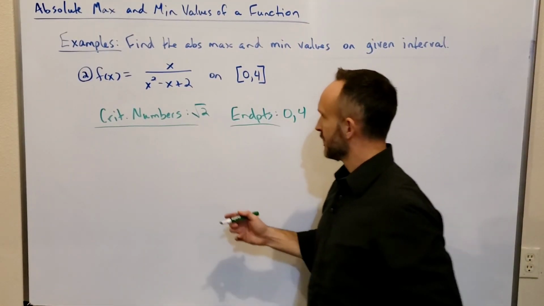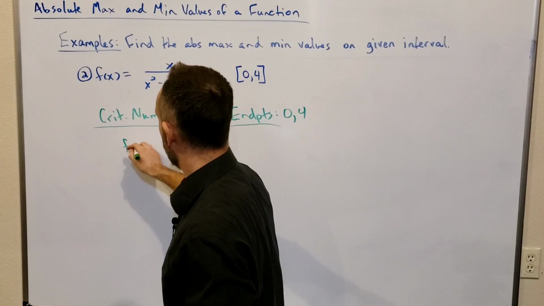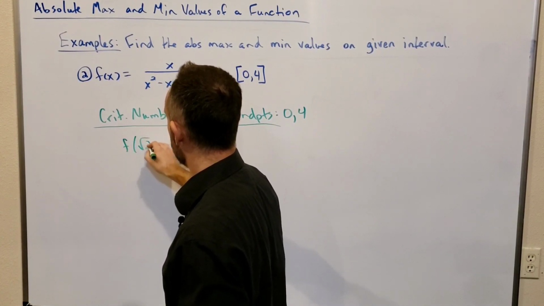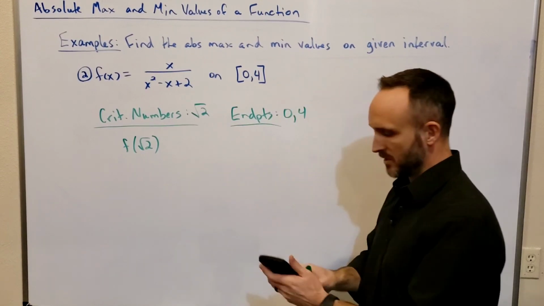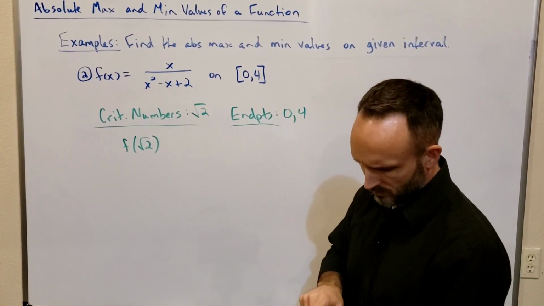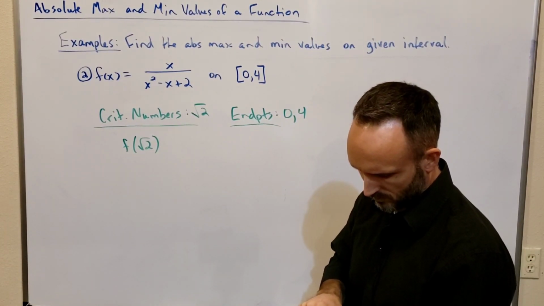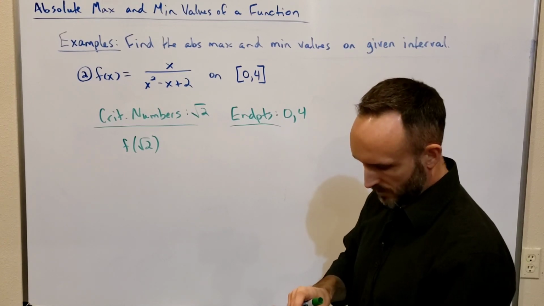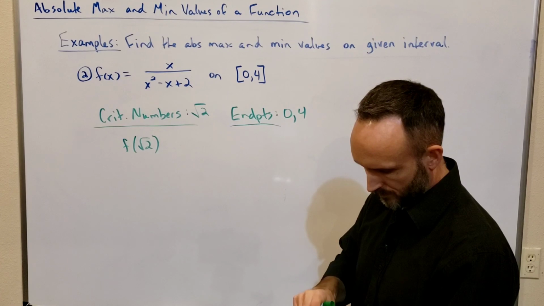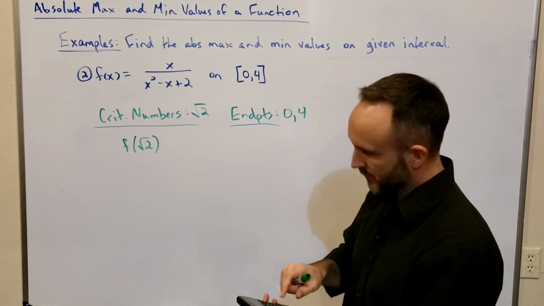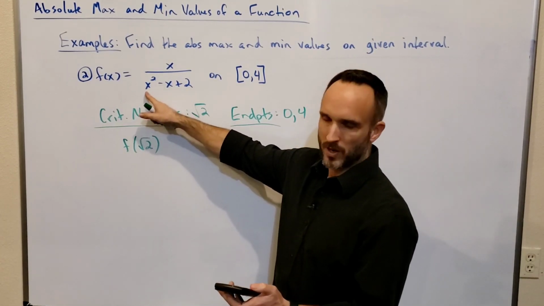and the lowest. So I need to look at f of the square root of 2. And I will go to my calculator for that. So on the top, I've got the square root of 2. And on the bottom, the square root of 2 squared is just 2.